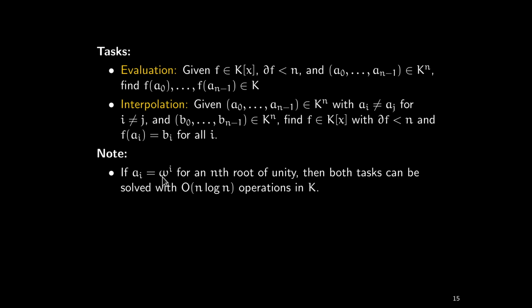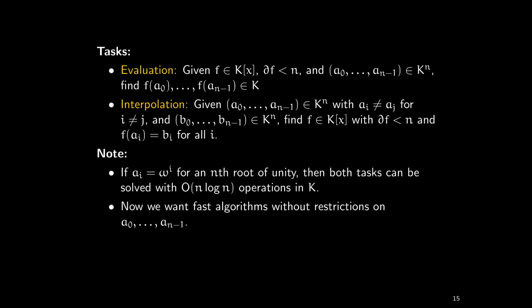If you can choose the evaluation points yourself, then it's a good idea to choose powers of a primitive root of unity, so that you can apply the FFT to solve the evaluation problem, and then you are done in n log n time, and that's great and works very well both in theory and in practice.